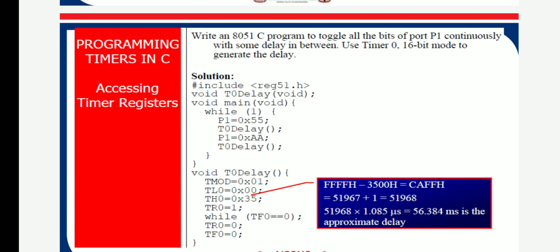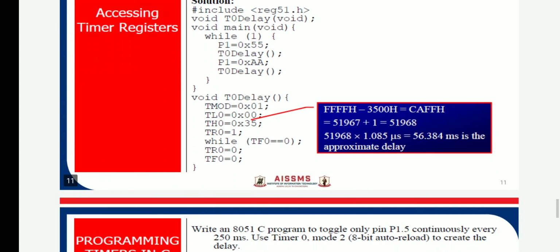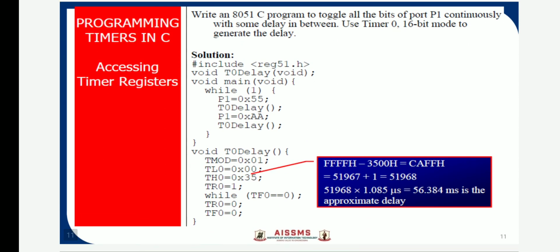If we see here, the values loaded into the TL0 and TH0 registers, we have to subtract those values from the maximum value FF. Then we have to add 1 due to the overflow effect. Then whatever number comes, we have to multiply that number with 1.085 microseconds. So here the approximate delay generated is 56 milliseconds.